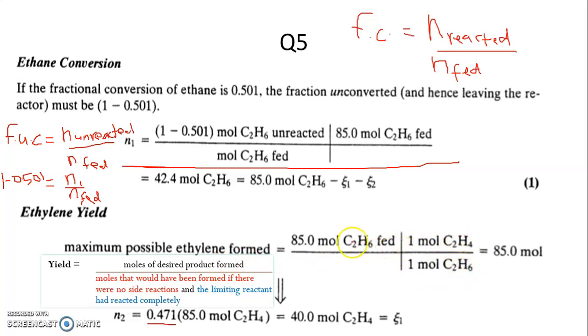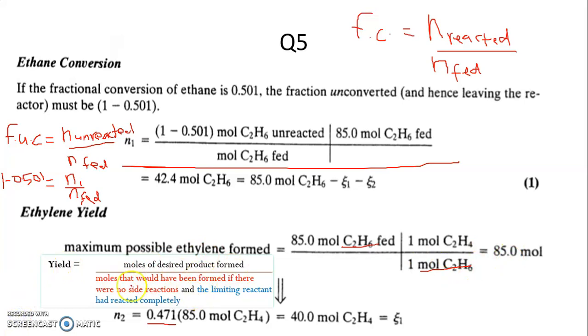If we have 85 mole C2H6 as feed, and the ratio is 1 to 1, we can cancel out mole C2H6 with mole C2H6. Then we have 85 times 1 mole C2H4. That's why we have 85 mole C2H4.